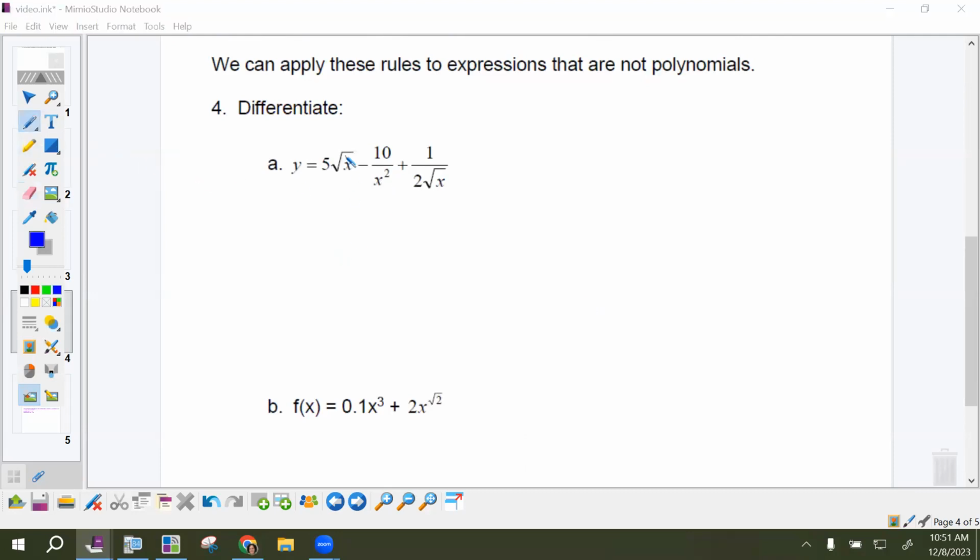For a, we've got a square root, we've got a denominator and a radical in the denominator. There's one derivative rule that I've memorized that saves me a lot of work. I'm just going to flip back a second.